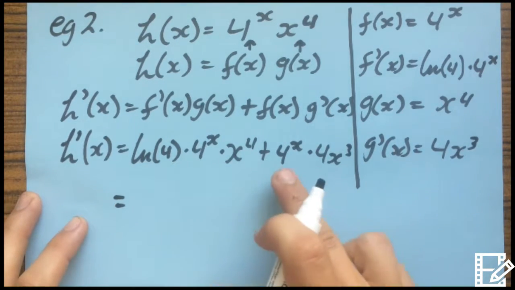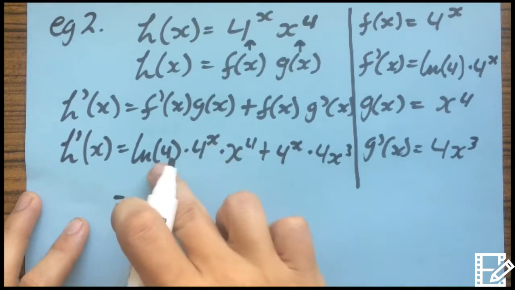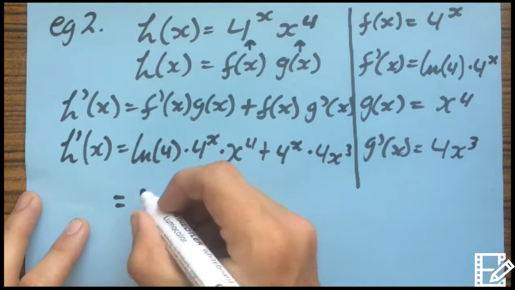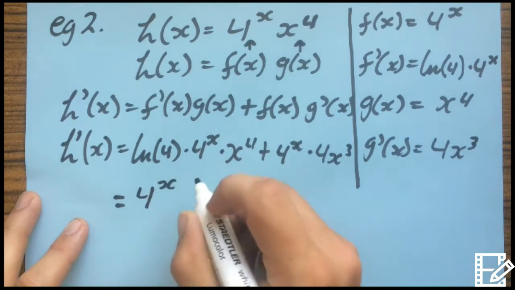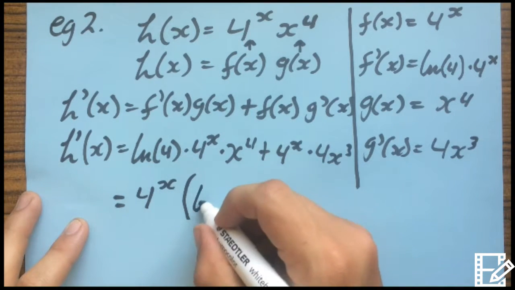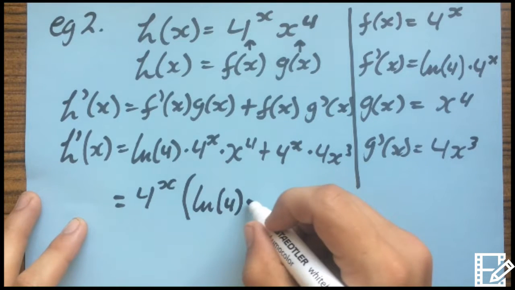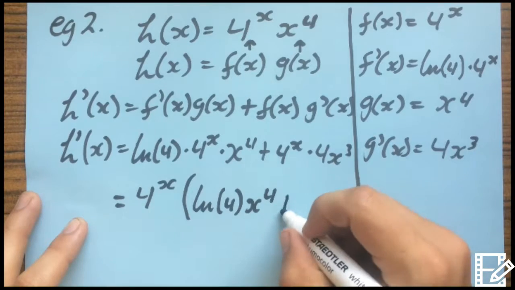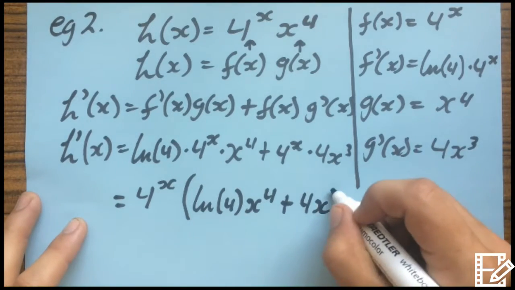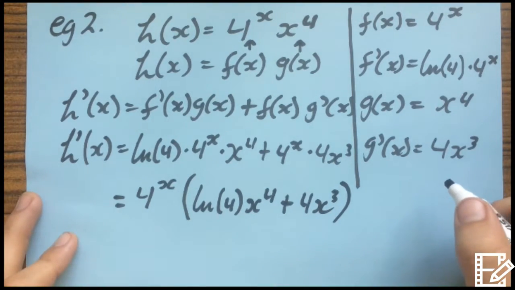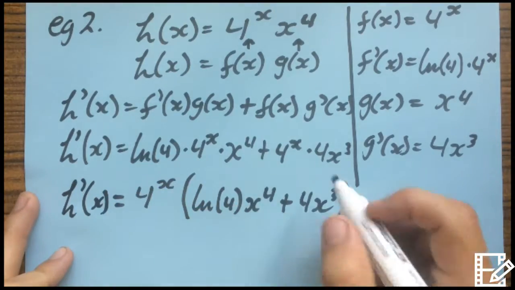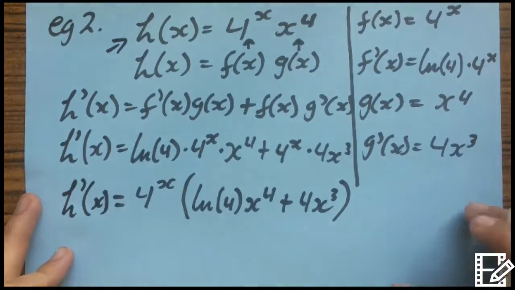Simplify this a bit more. Because there's a 4 to the power of x multiplied on both sides of the addition sign, we can factor it out, and have it looking like that. That's the first derivative of this up here.